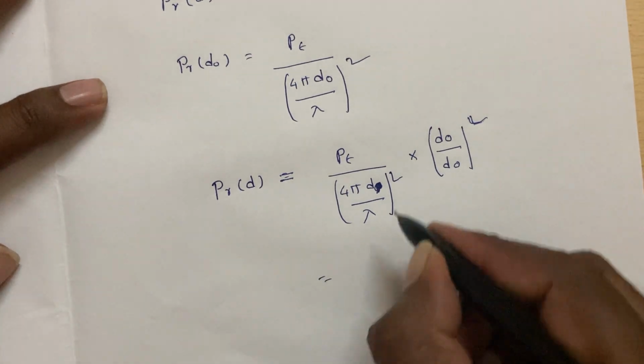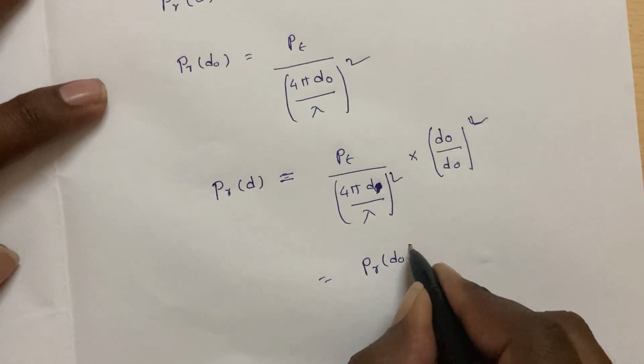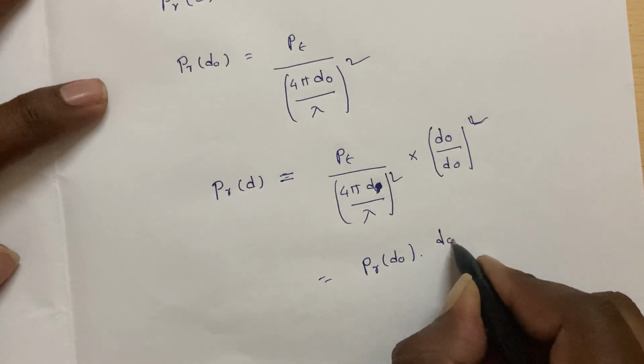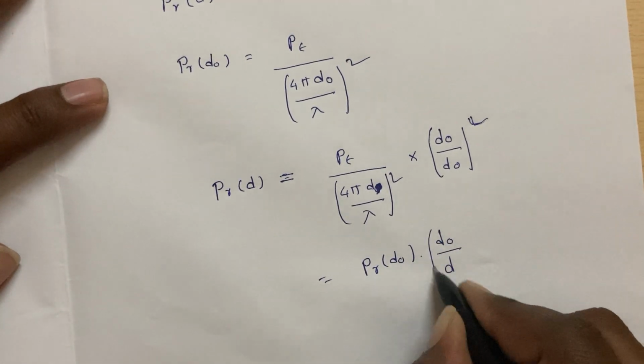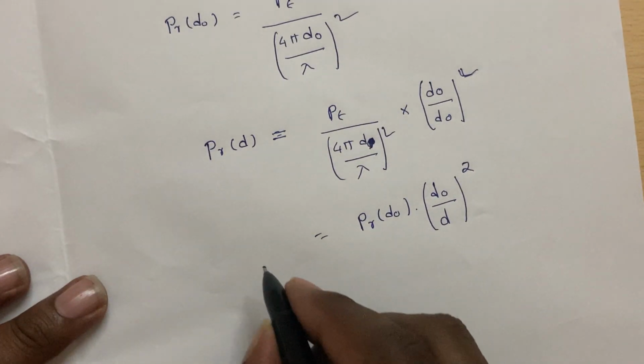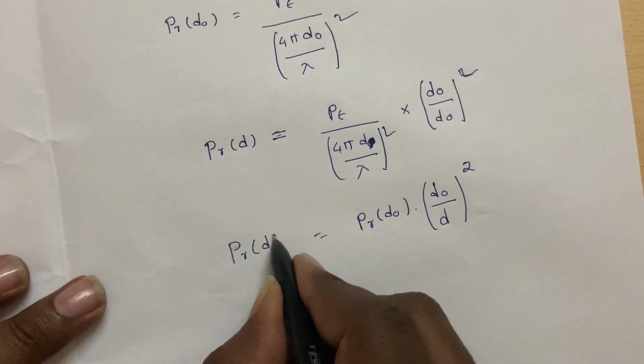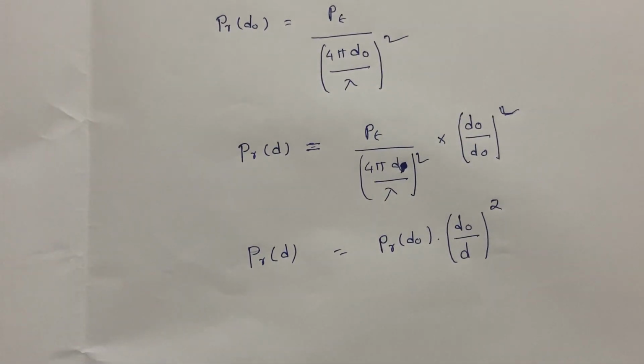Then it can be written as PR of d naught into (d naught by d) whole square. So this is a way to get rid of the small distances.